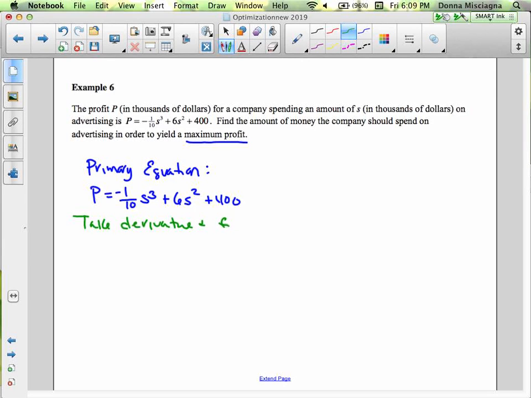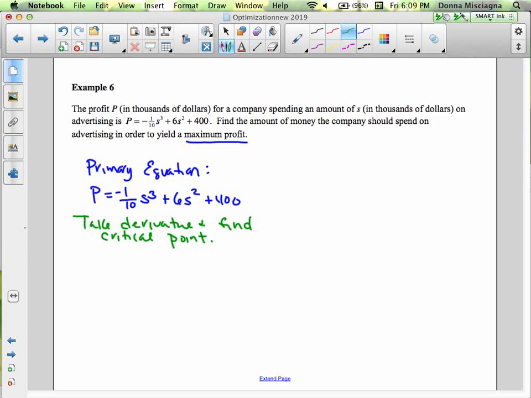And find the critical point, or points, but usually point. You may get more than one answer, but usually that answer is not in the feasible domain. And so here, what's our feasible domain? Could you have a negative profit?